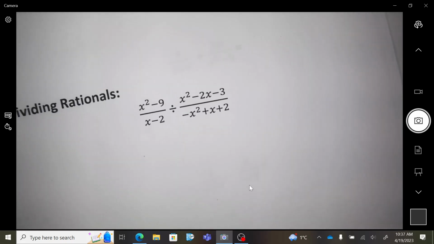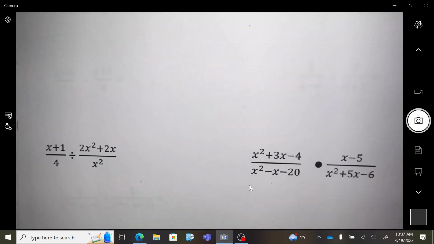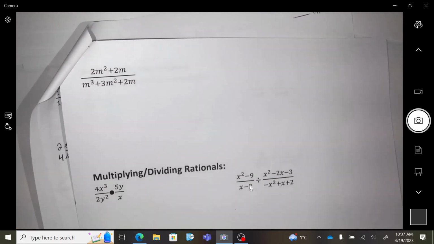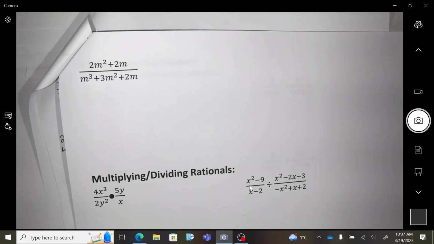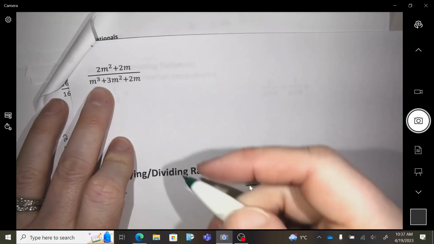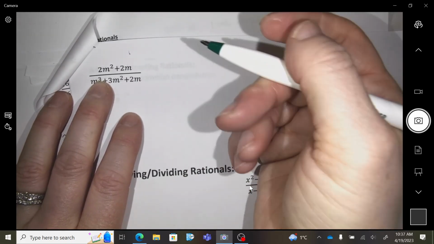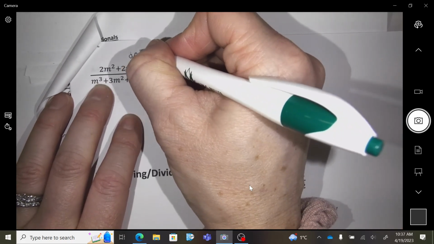Okay, one more. Okay, last one. What am I going to do to the top? Style. Should be fast at your styles. GCF.